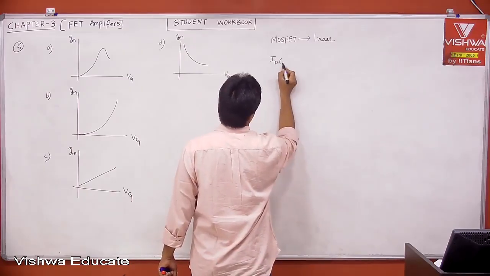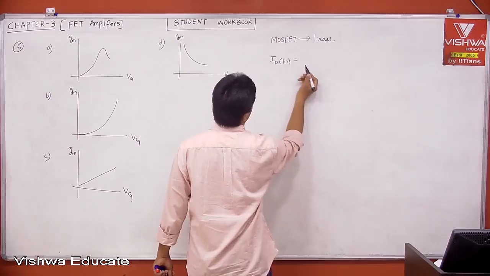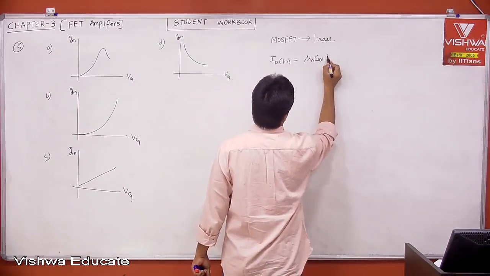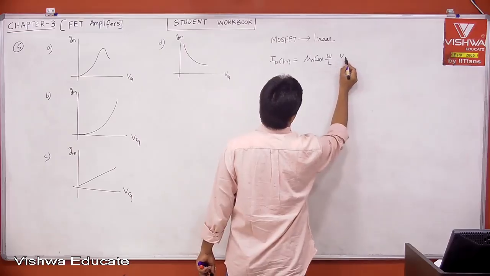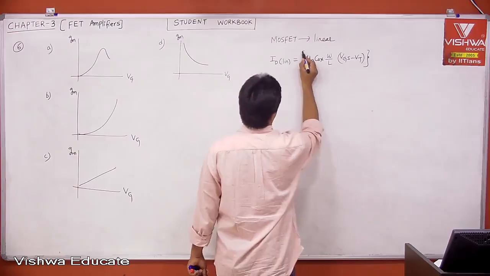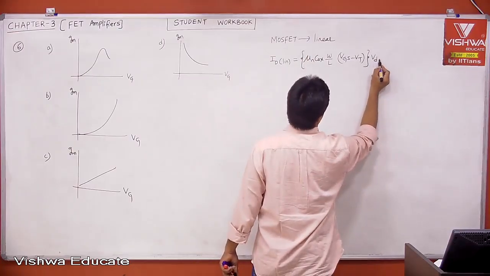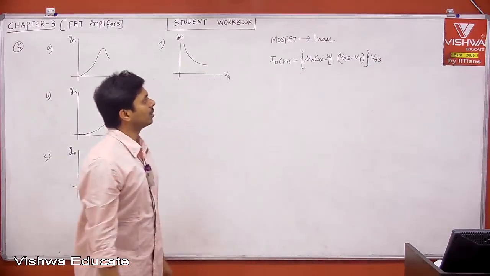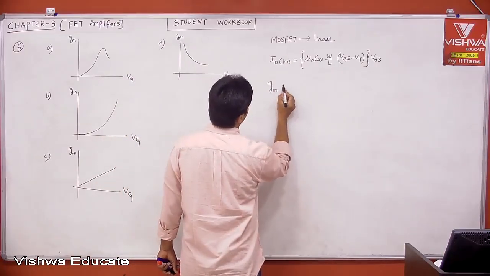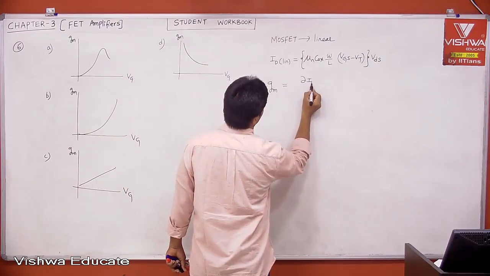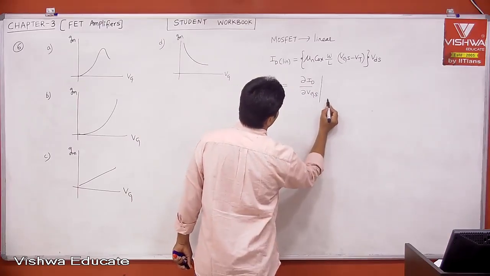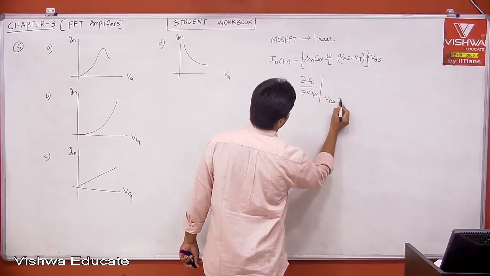ID in the linear region, I gave you, right, is equal to mu n Cox W by L into (VGS minus VT) into VDS, right? Then this is your ID. Then what is the definition of GM? GM is equal to the change in ID due to change in VGS when VDS is constant.